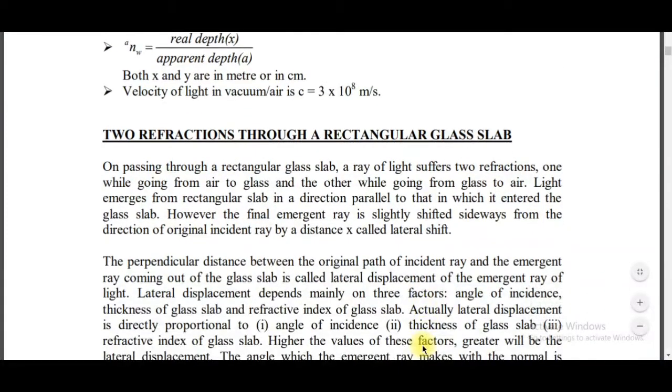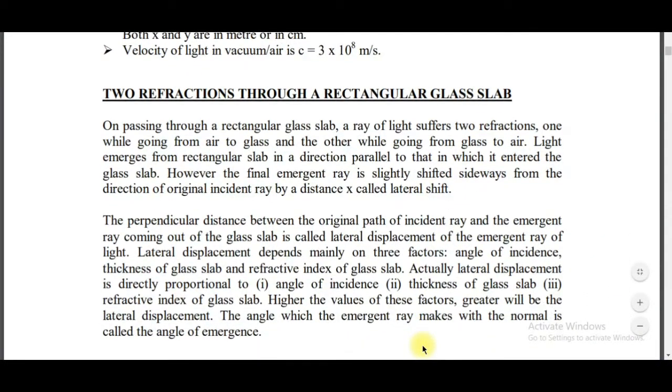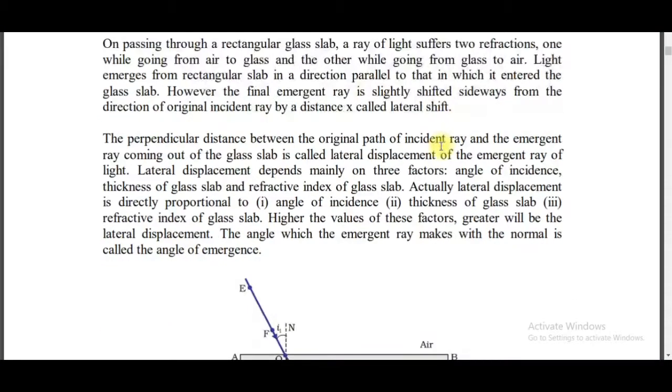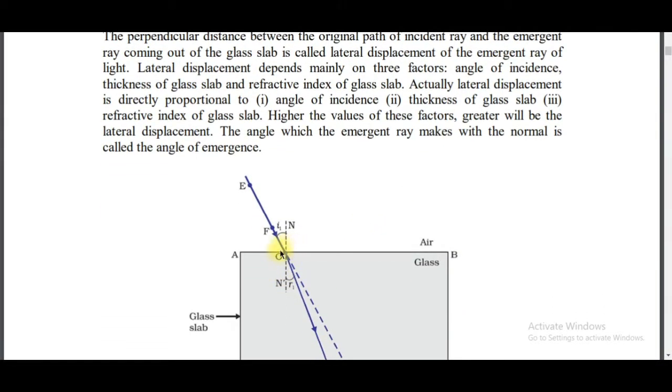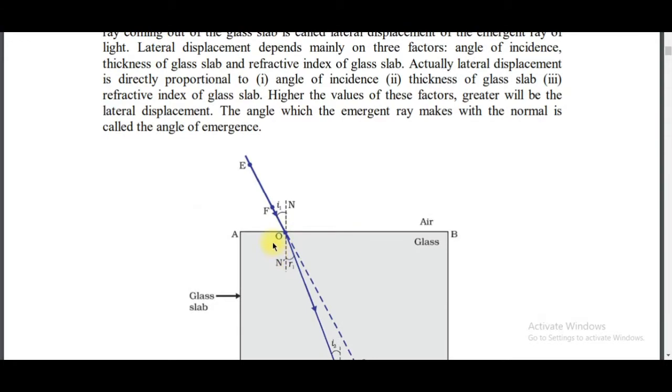On passing through a rectangular glass slab, a ray of light suffers two refractions, one while going from air to glass, and the other while going from glass to air. As we can see here, one refraction takes place at this interface when it is entering the glass slab.